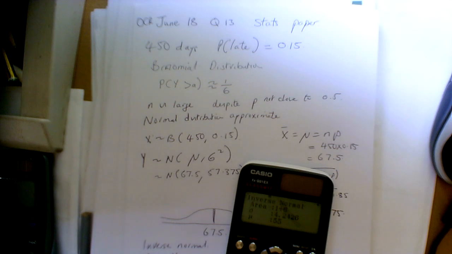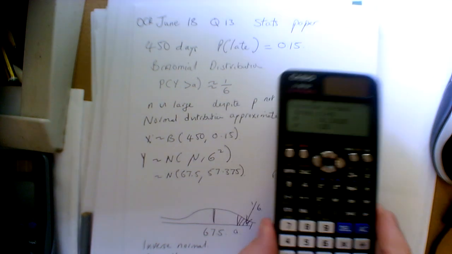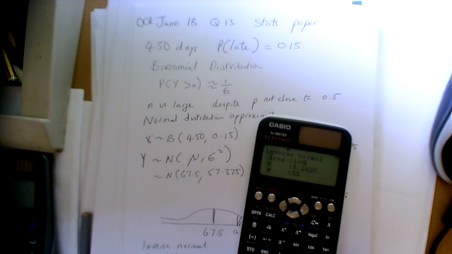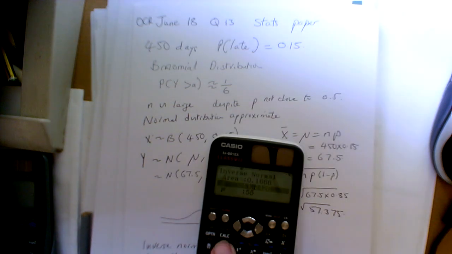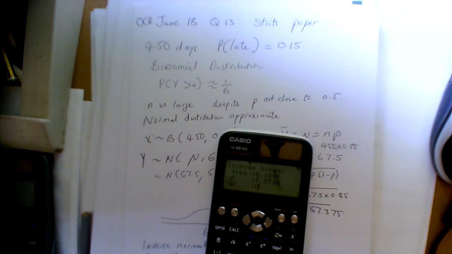Always easy on these calculators to use division rather than trying to get that to show 1/6. The square root of 57.375 and the mean of 67.5.